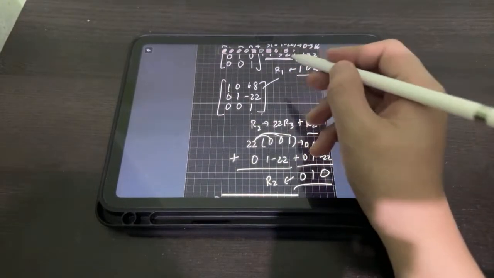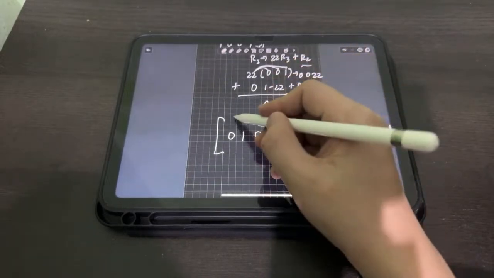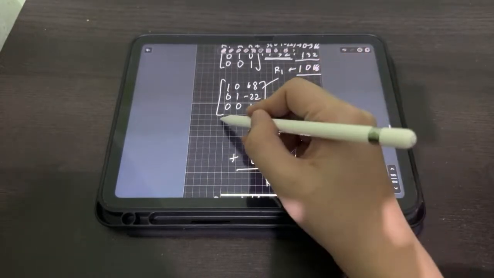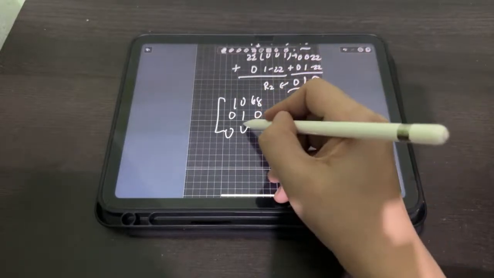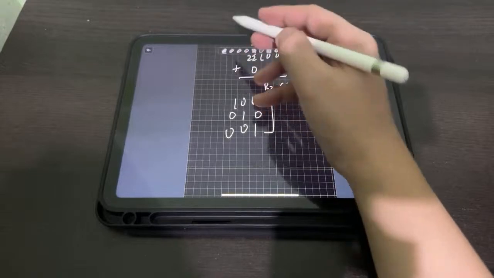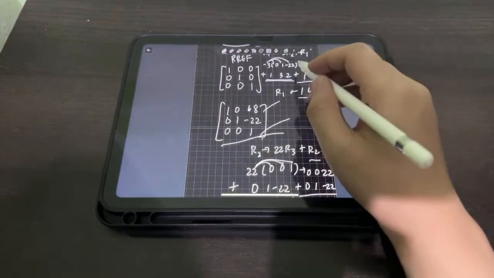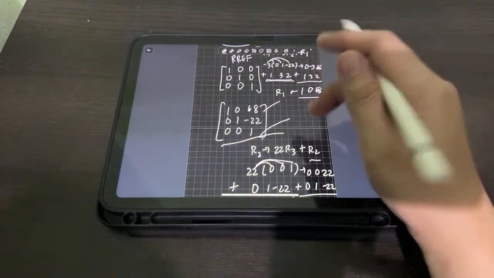Then copy the entries in R1 and R3, 1, 0, 68, and then 0, 0, 1. Okay? So the last step is to convert this 68 to 0.